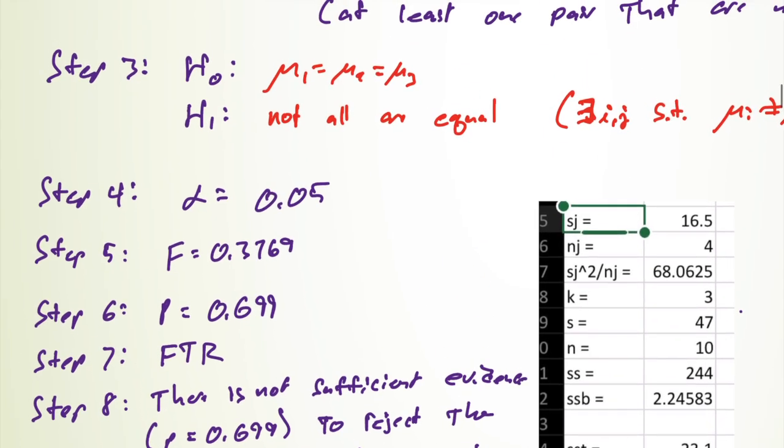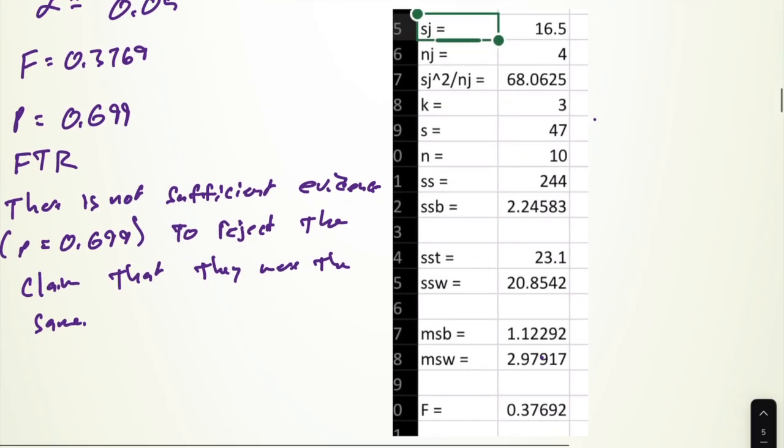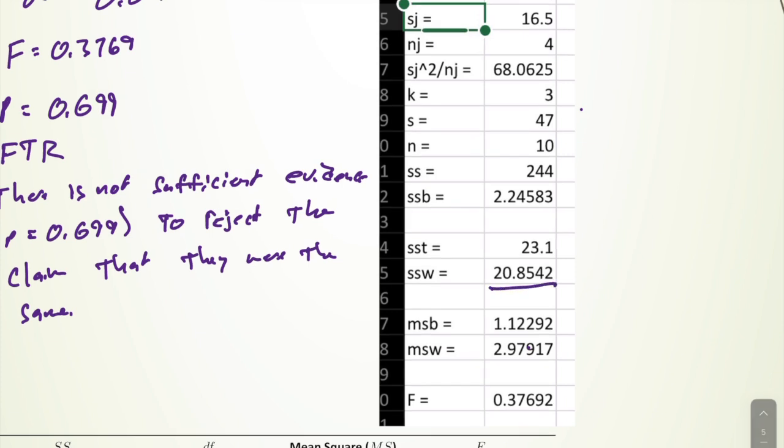Notice how much bigger the variation within is compared to the variation between. There was just a little bit of variation between the groups, but there was a lot more variation within the groups. And so that tells you that the variation in the means is not statistically significant, or at least it suggests that.